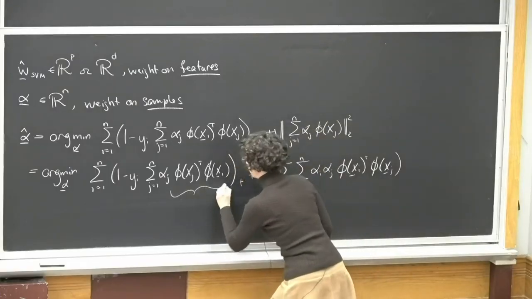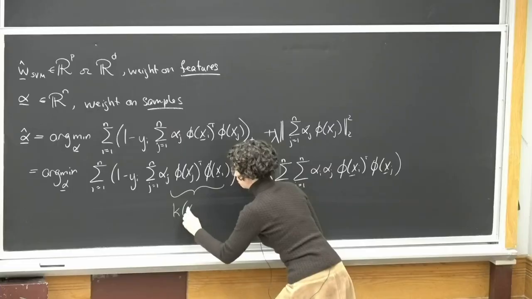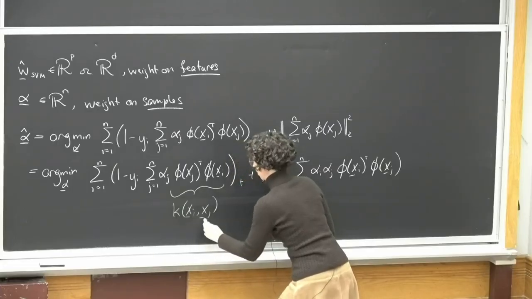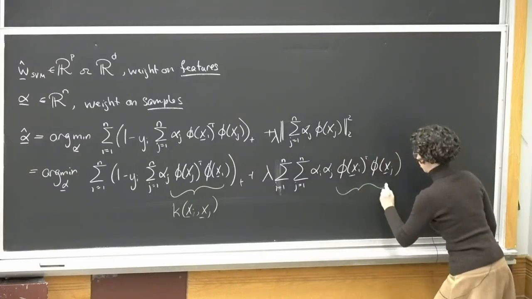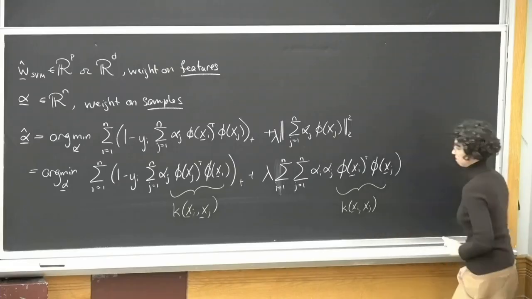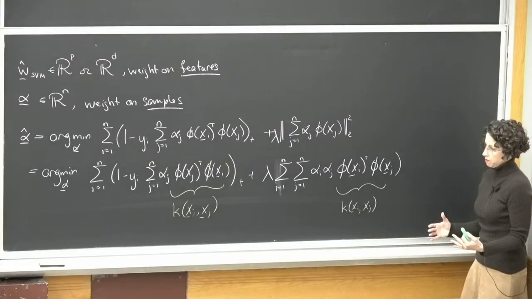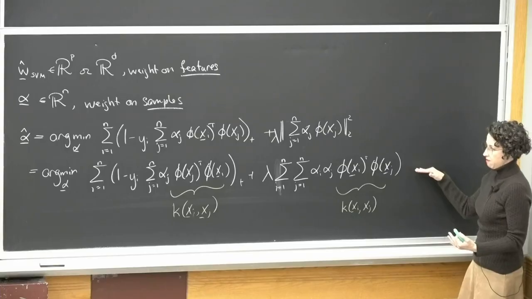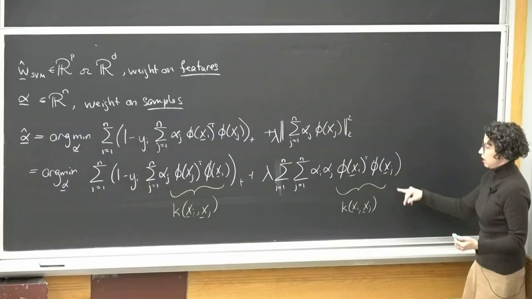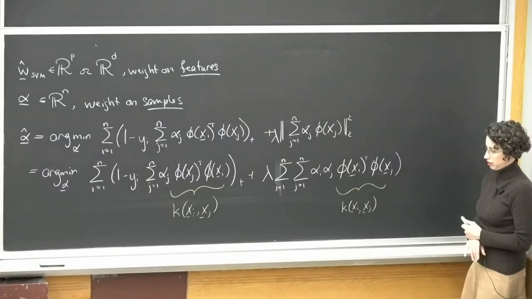So just like we did with kernel ridge regression, we can say this inner product here is the kernel between x_i and x_j. And here we've got the kernel function between x_i and x_j. And so, just like we could with kernel ridge regression, we can approach finding the alphas using only the kernels, or the underlying kernel matrix, instead of ever explicitly computing phi of any feature vector x.